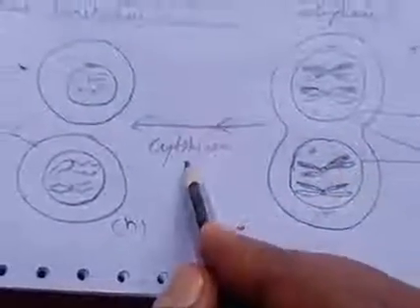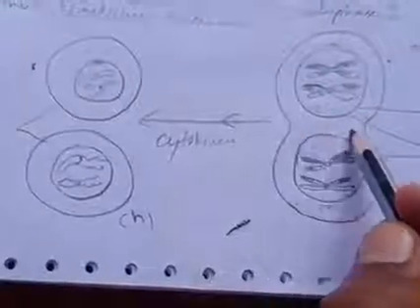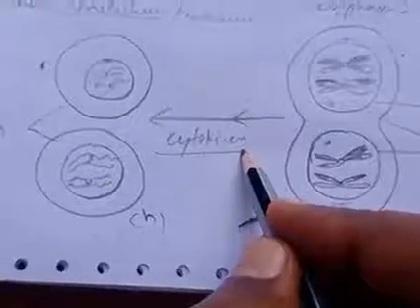After cytokinesis completes, the constriction reaches the center. So there is a formation of two daughter cells by the end of cytokinesis, right?